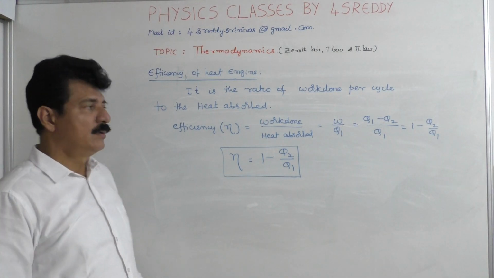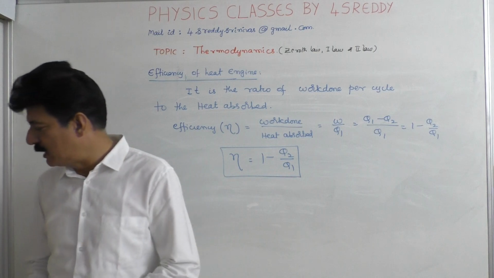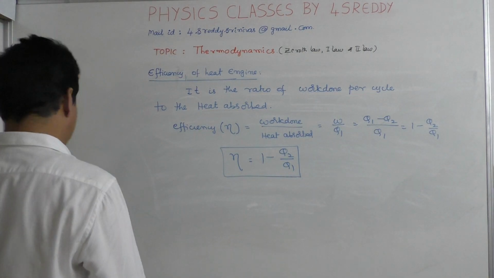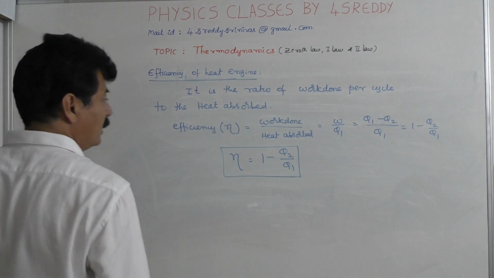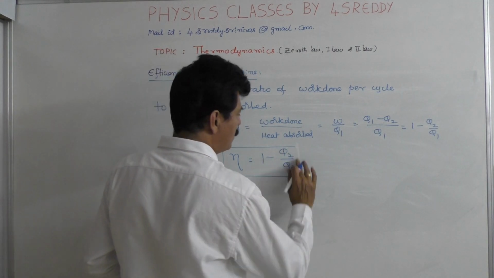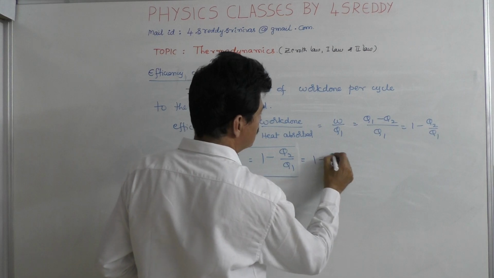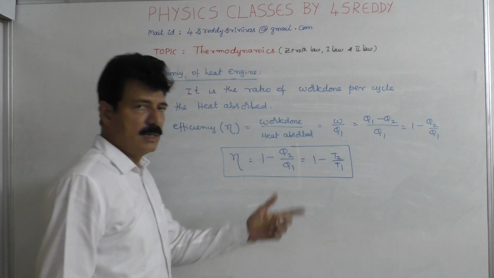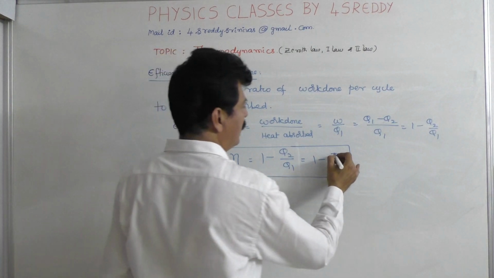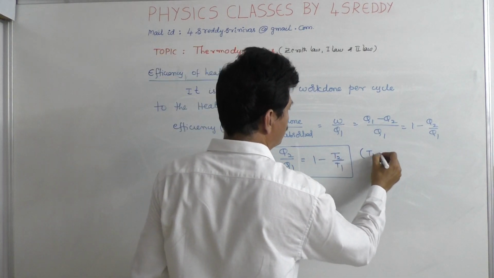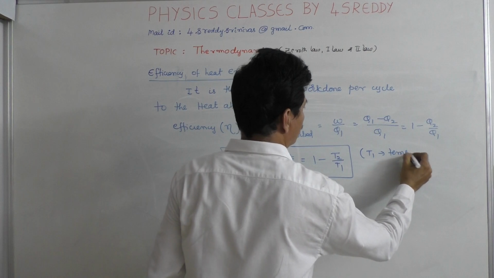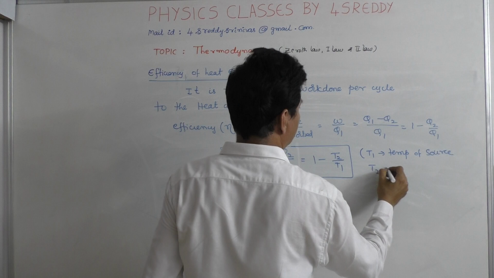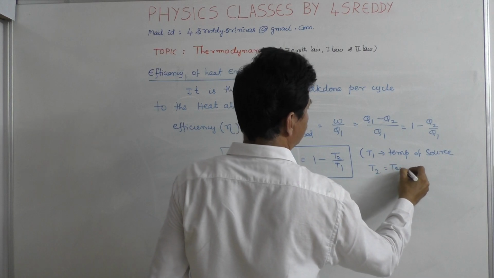Once you have the idea of this, what is the Carnot cycle? The efficiency is also expressed in terms of temperatures. It is also given as 1 minus T2 by T1. How we got it, we'll discuss later. T1 is always the temperature of the source, and T2 is the temperature of the sink.